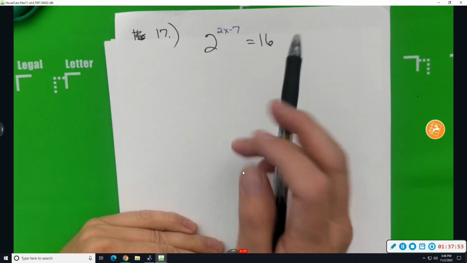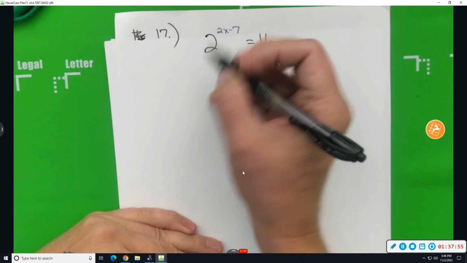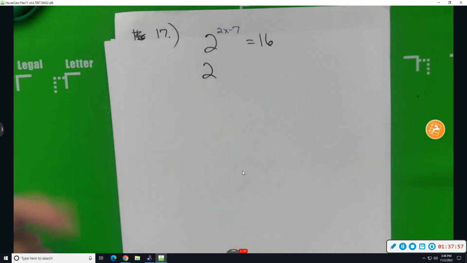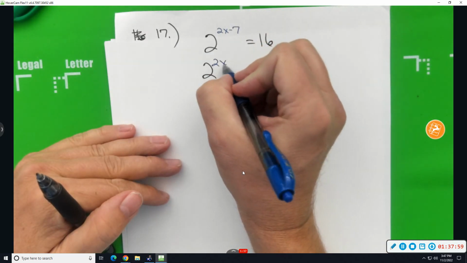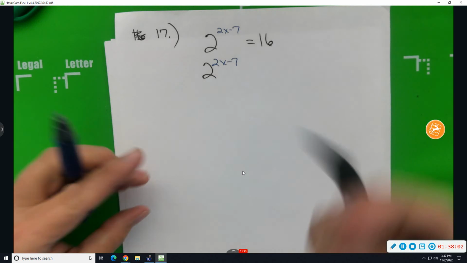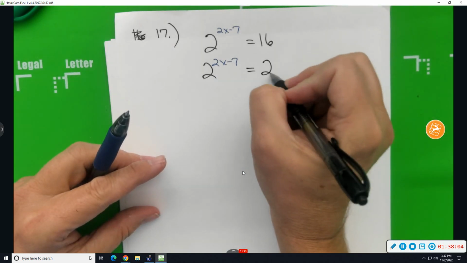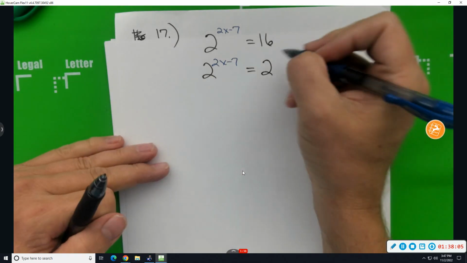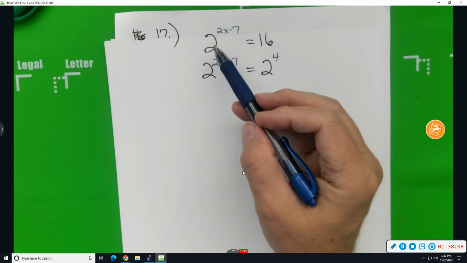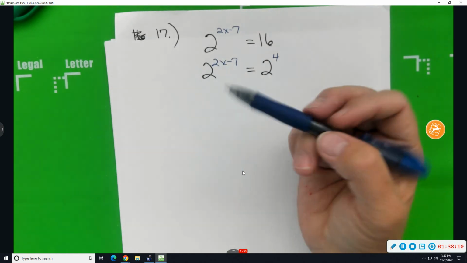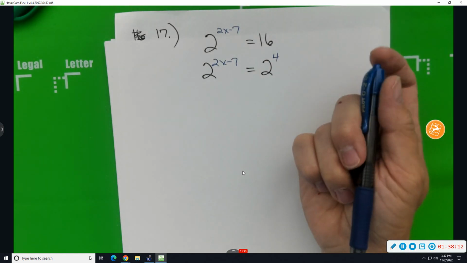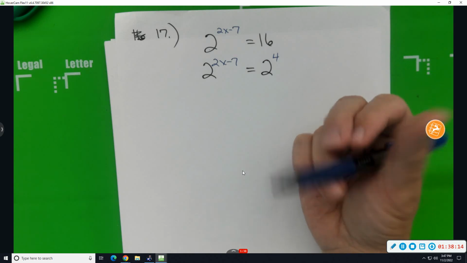I think you were saying 4 because 16 is 2 to the 4th. I'm sorry, okay, you were jumping ahead of me. You were saying to rewrite 16 as 2 to the 4th power. I thought you were saying to change 2 as 4 to a power. I'm like, then we're going to pick up 4 to the 1/2. I don't want to do that.